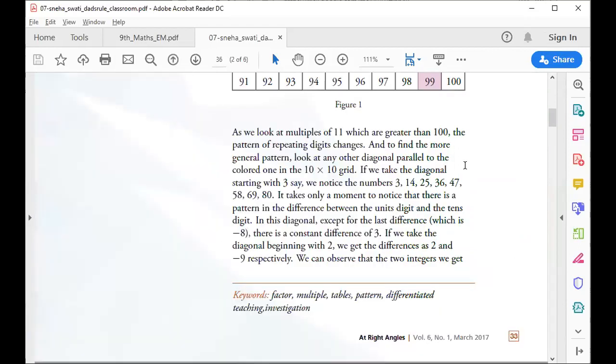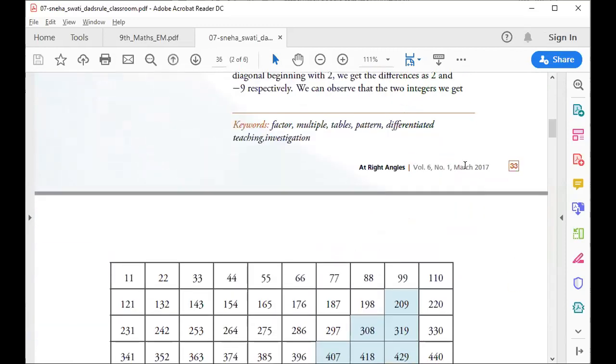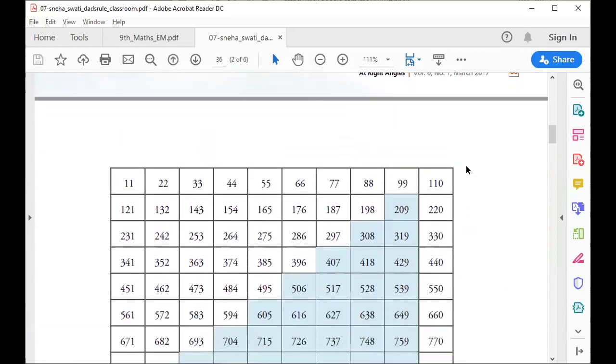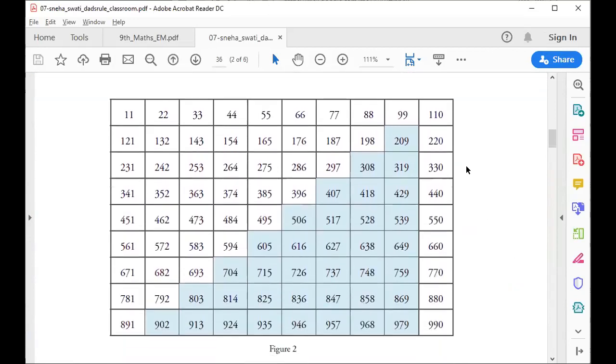Now, if you extend it, and then collect all the multiples of 11 and put them in a grid, you notice that in this part, wherever it is white, the alternate digit sum is the same. 209 is the first case where the alternate digit difference... what should I say?